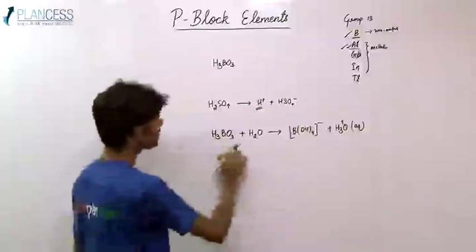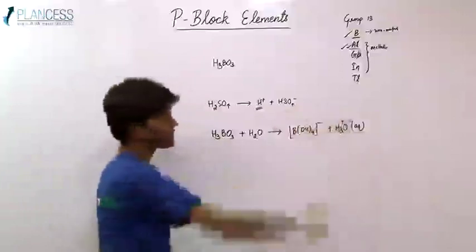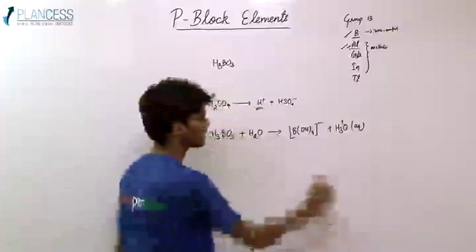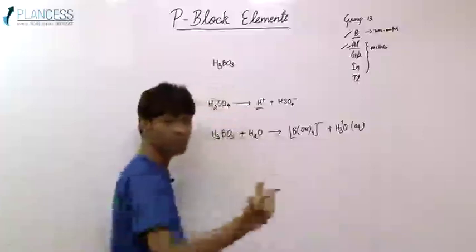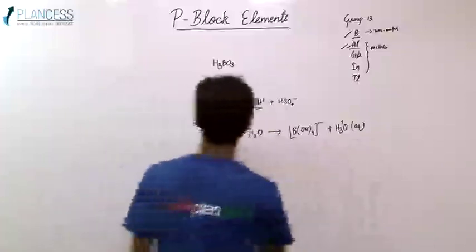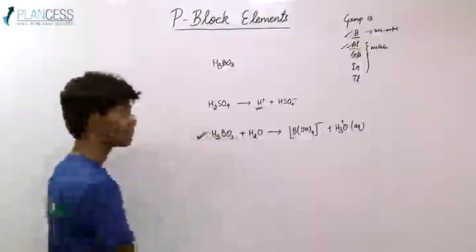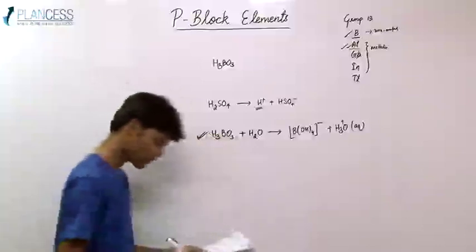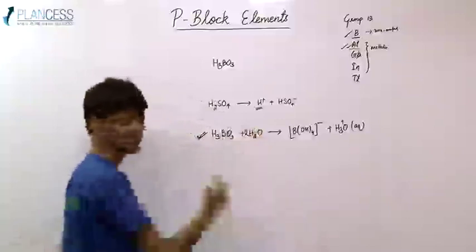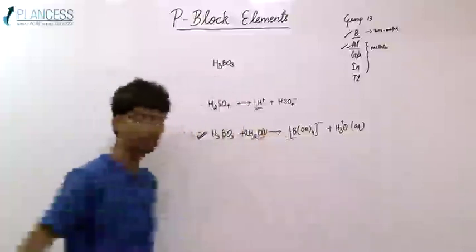It is only a monobasic acid, because after the acceptance of one OH minus ion, it has no more vacant 2p orbital, and therefore it only acts as a Lewis monobasic acid. Very many questions have been asked on the properties of orthoboric acid. You can try to balance the equation.